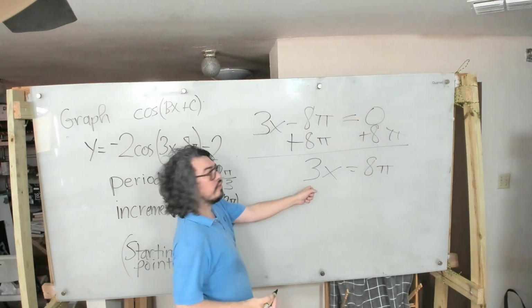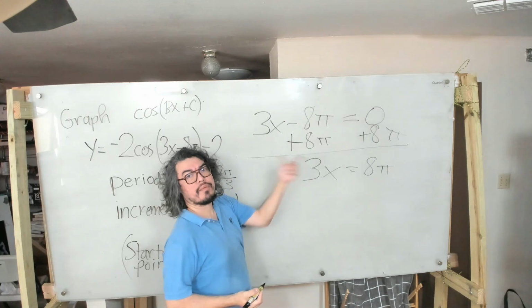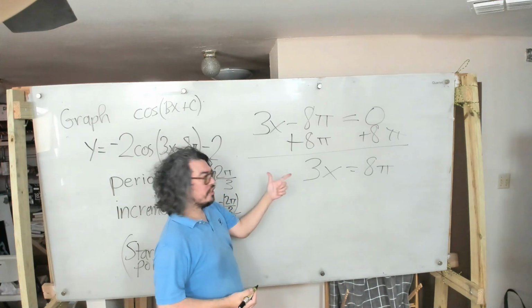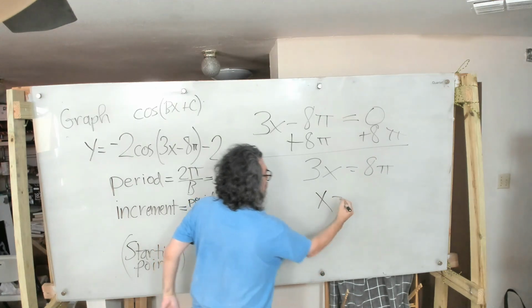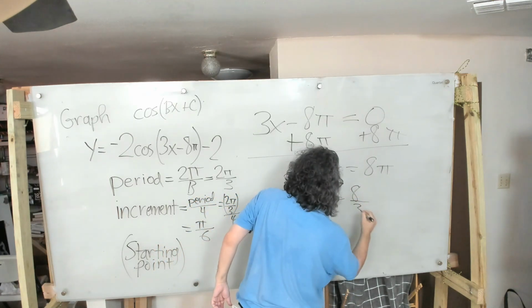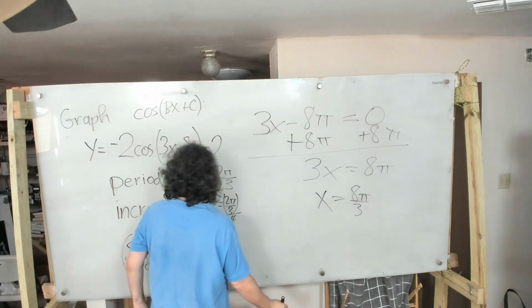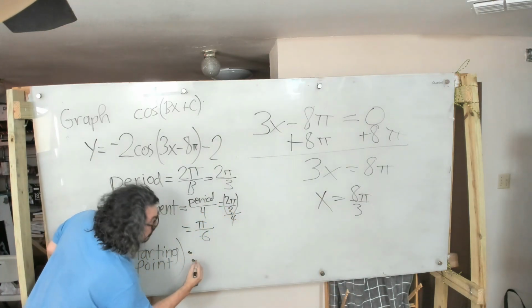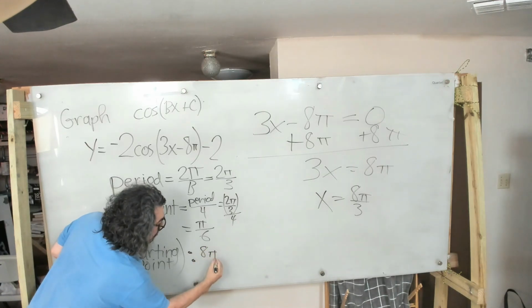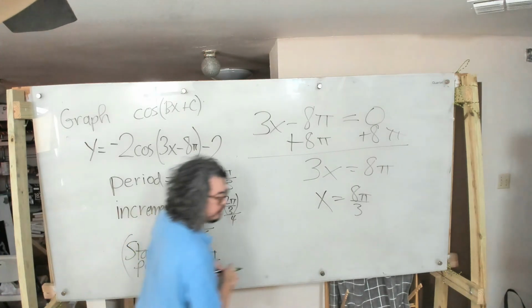Then we have 3 next to x, which means 3 times x. What's the opposite of multiplication? The opposite of multiplication is division. So I divide both sides by 3. So our starting point will be 8 pi over 3.